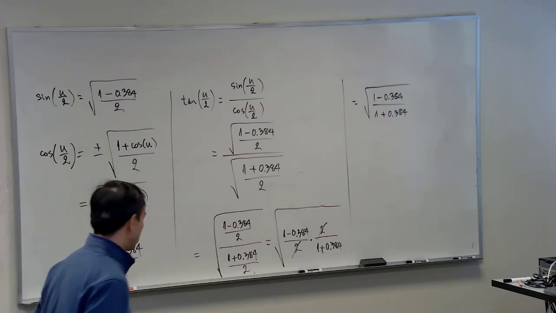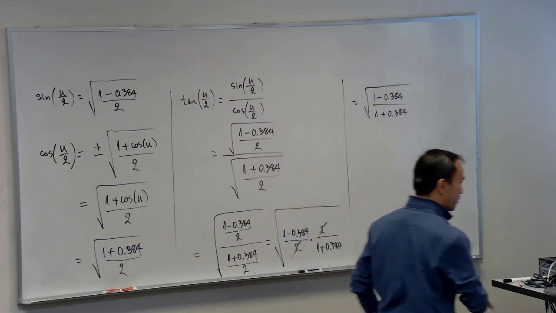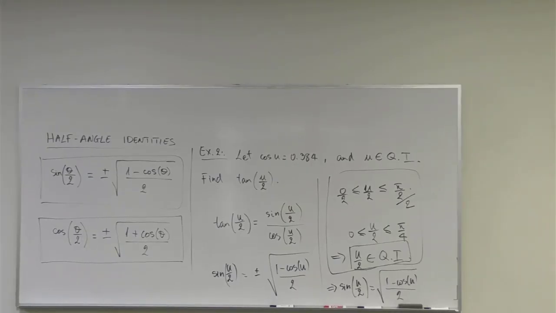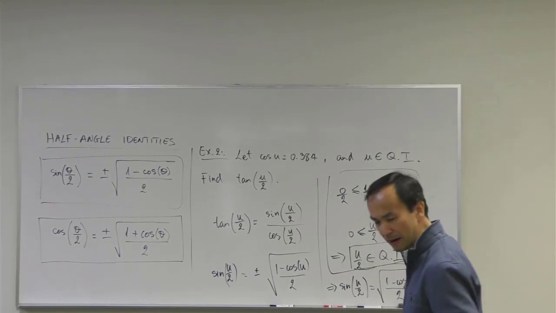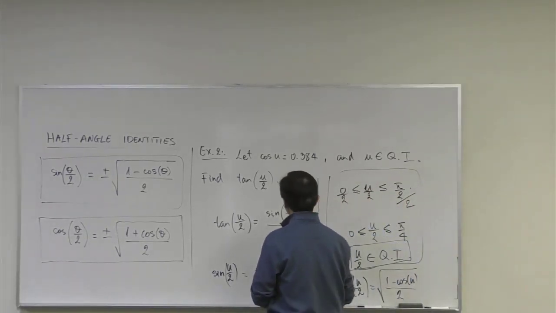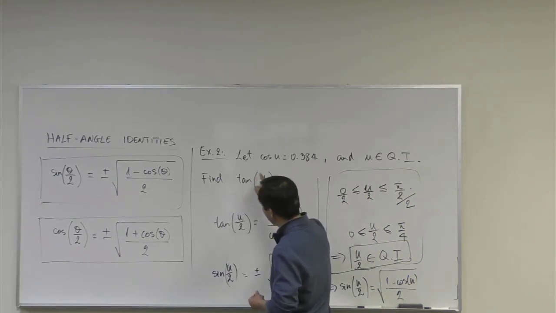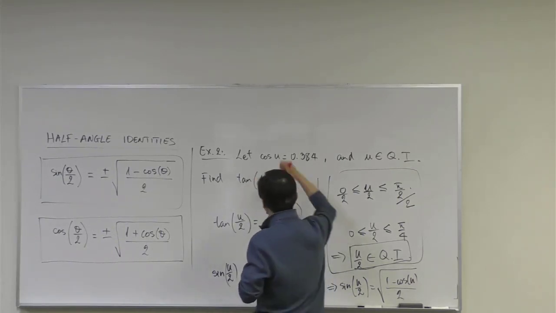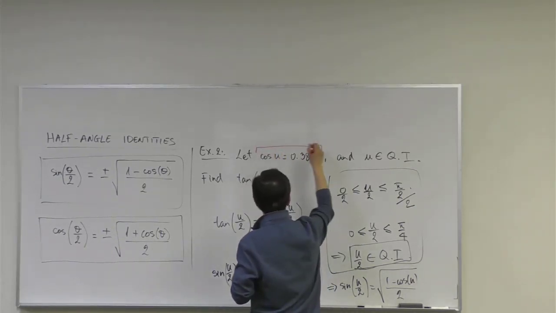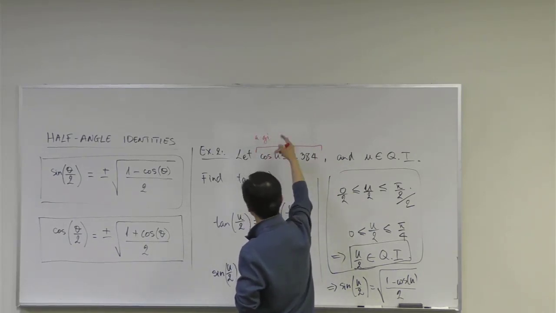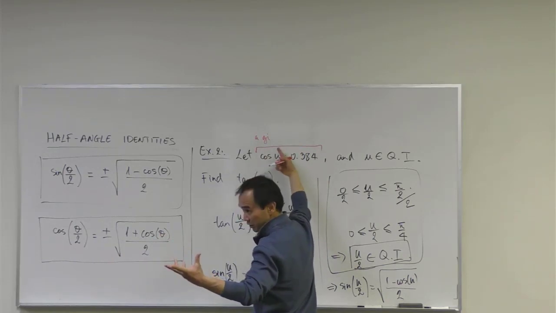All right. So before we close down, as far as getting the problem done, it's done. But before we close down the example, what's the generality about this example that I want to mention for everyone? Yes, what we're calculating is a trig value of a half angle. But what you know here is we have a given. Right here in this problem, it's just cosine, but it could be sine, it could be tangent as well.